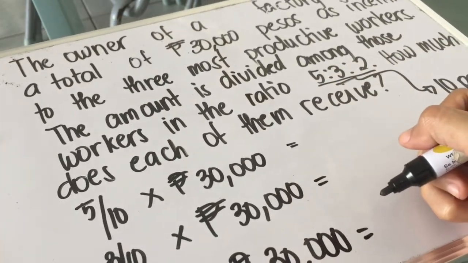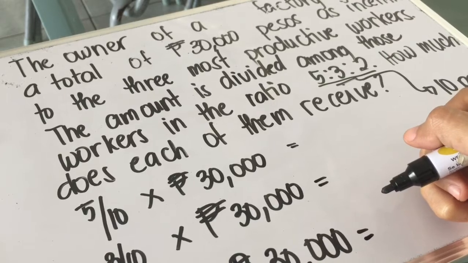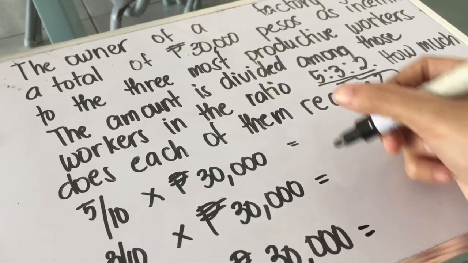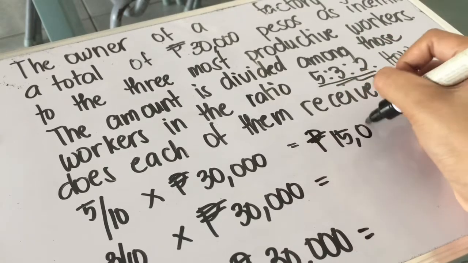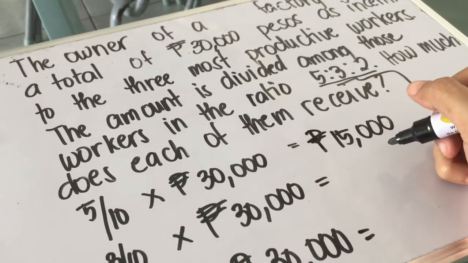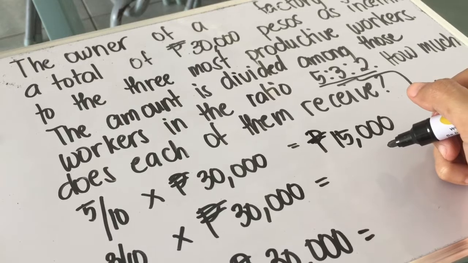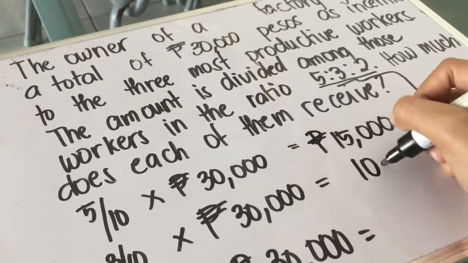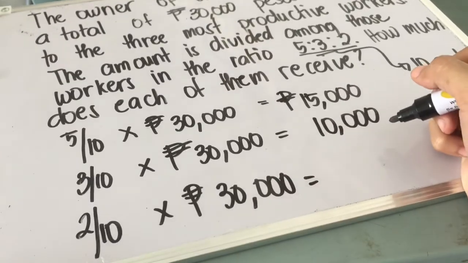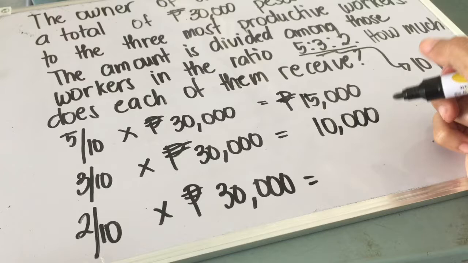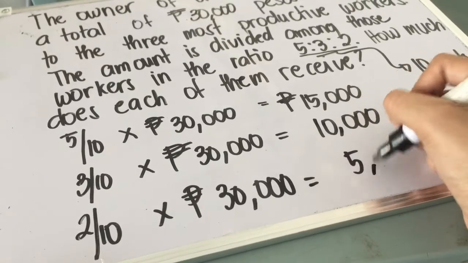So 5/10 times 30,000, or 1/2 of 30,000, is equal to 15,000. Then 3/10 times 30,000, we have 10,000. Then the last one is 2/10 times 30,000. We have 5,000.